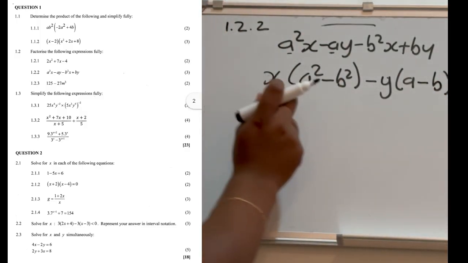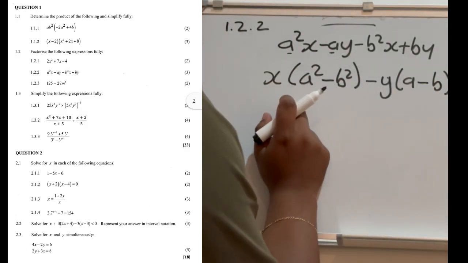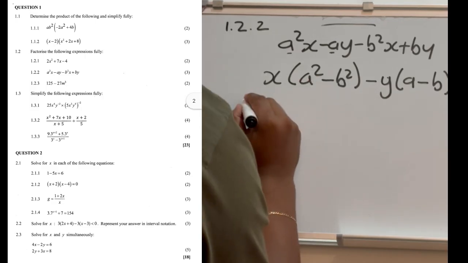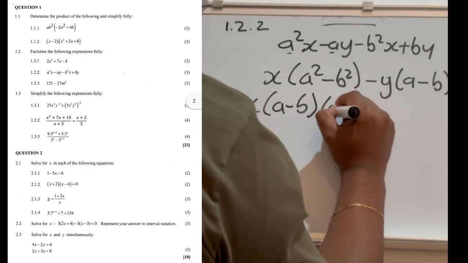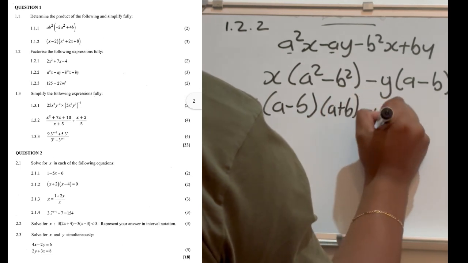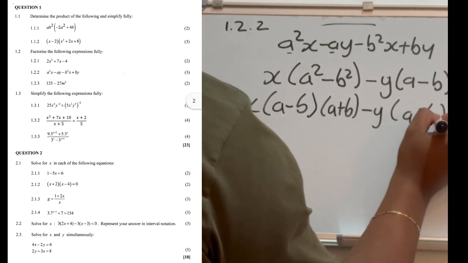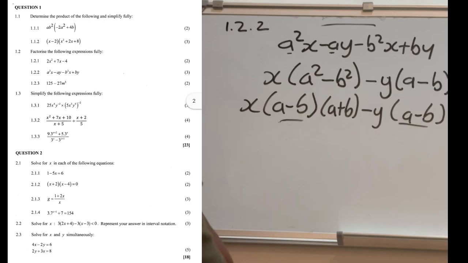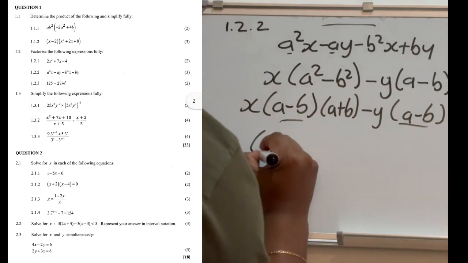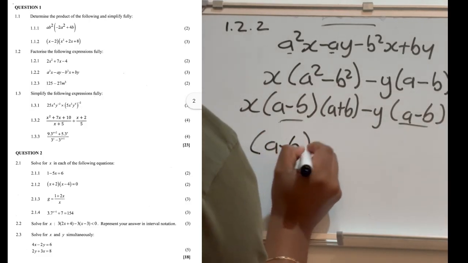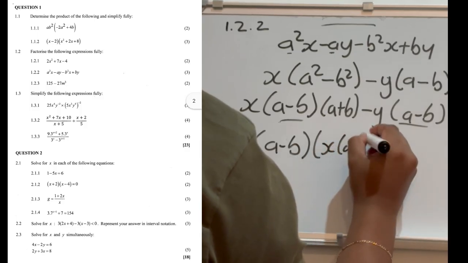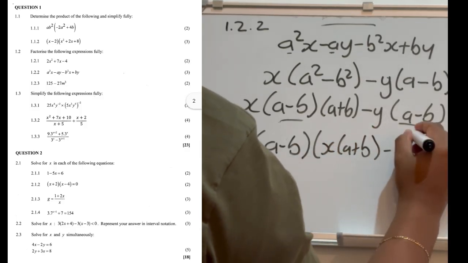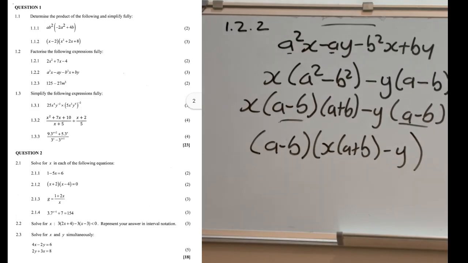Okay, so then what you do next, we're going to go factorize this. We're going to say that is a minus b, a plus b, minus y, a minus b. Can you see now we can factorize that out, a minus b out. So then if you take a minus b out, then you're left with x, a plus b, minus y. Okay.